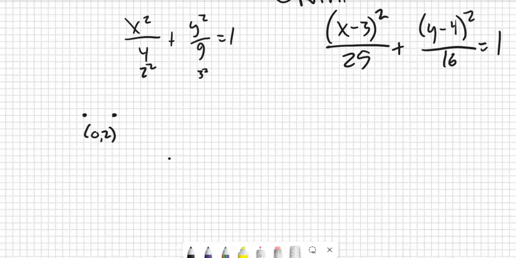And this is the point (0, 0), is what I meant to write here. And this is 1, 2, 3, 1, 2, 3. Notice this distance is 2. That comes from the square root of that. This distance is 3. That comes from the square root of that. And then I like to think, this isn't part of the graph, but it makes a little rectangle framed where there's my center.